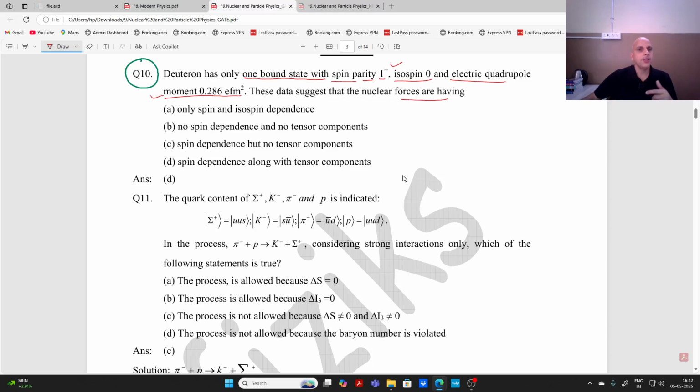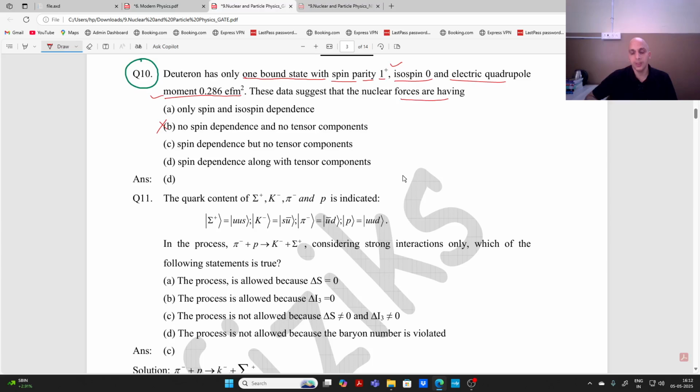So it is not true, right? No spin dependence, right? And no tensor. It is also wrong, not true, because nuclear forces are spin dependent and they have tensor components, right?